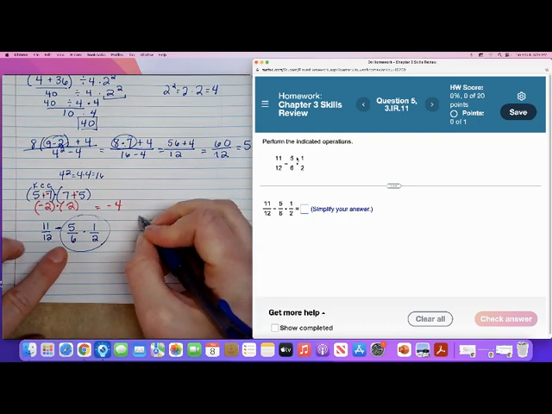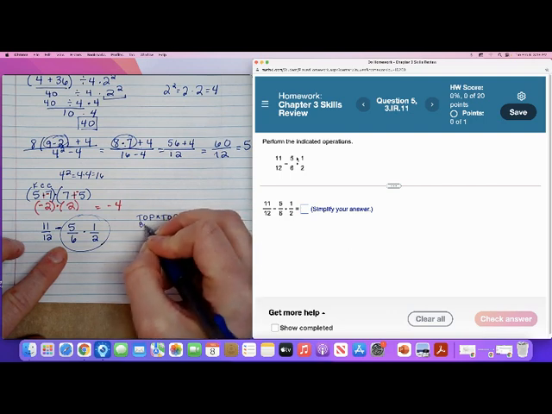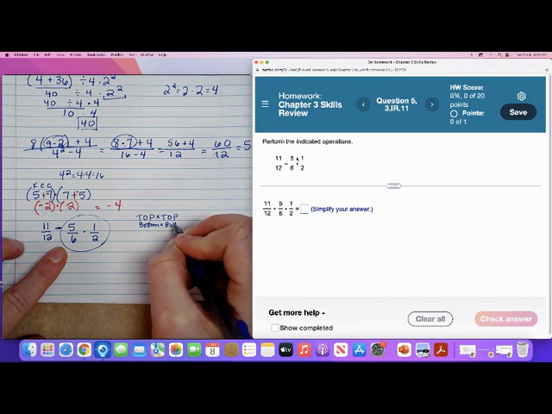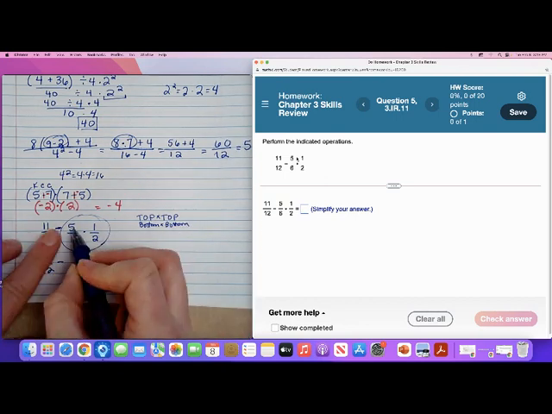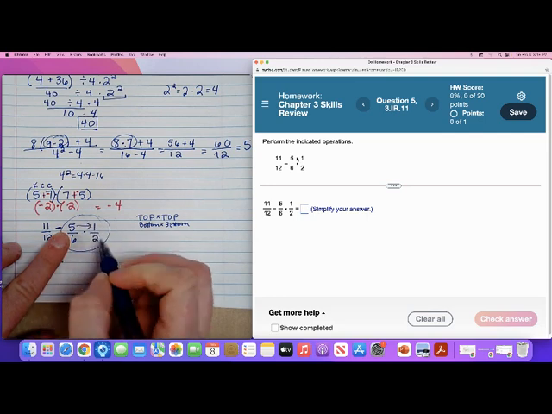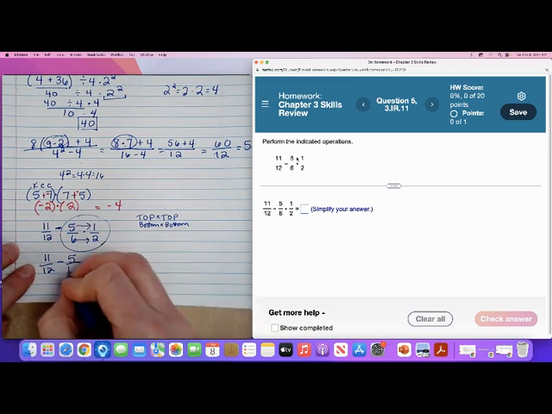When you multiply fractions, you do top times top over bottom times bottom. So we still have the 11 over 12 minus, so 5 times 1 is 5, 6 times 2 is 12.